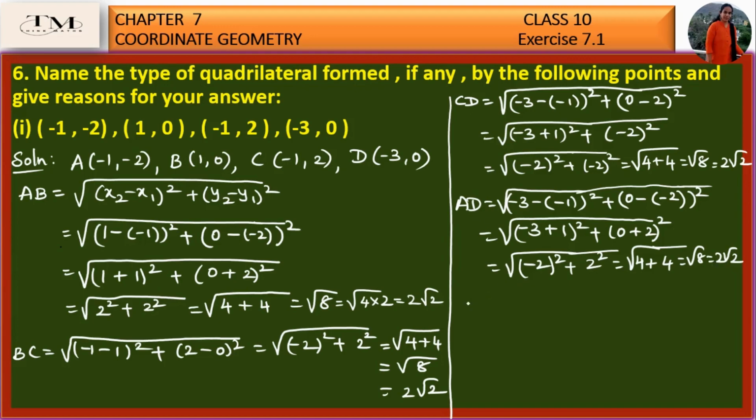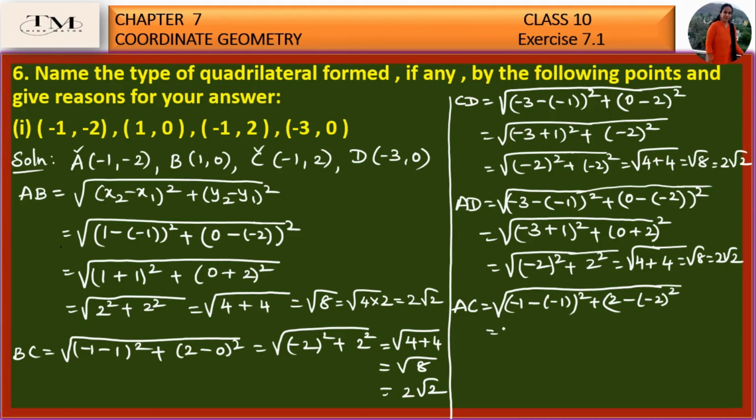So now let us check the diagonals. AC: these points A, C. So minus 1 minus, what is x1? It is minus 1, whole square plus, what is y2? y2 is 2 minus minus 2 whole square.